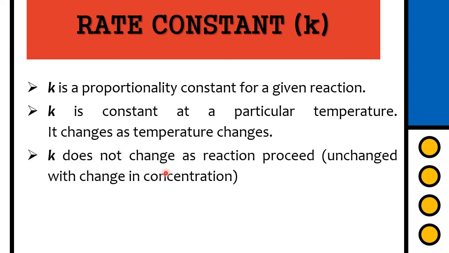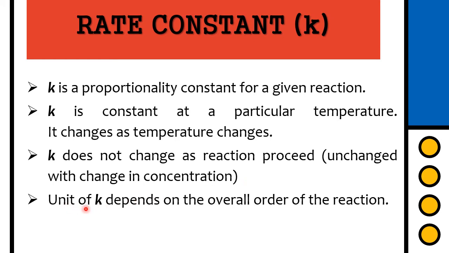And k does not change as the reaction proceeds, it is unchanged with the change in concentration. So even though the concentration of reactant decreases, the value of k is still constant. And lastly, the unit of k depends on the overall order of the reaction.